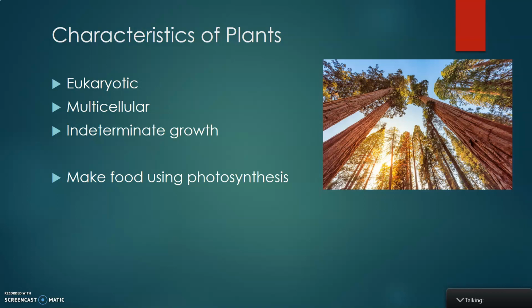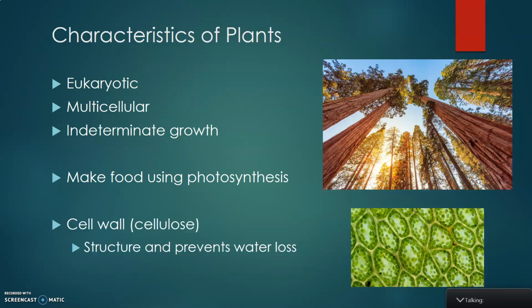Plants are also able to make their own food using photosynthesis. They're phototrophic, right? So they get their energy from light. And like fungi, plant cells have cell walls for extra protection and to provide some structure and prevent loss of water. But the makeup of their cell walls is slightly different from that of fungi. Their cell walls are made of a carbohydrate called cellulose.